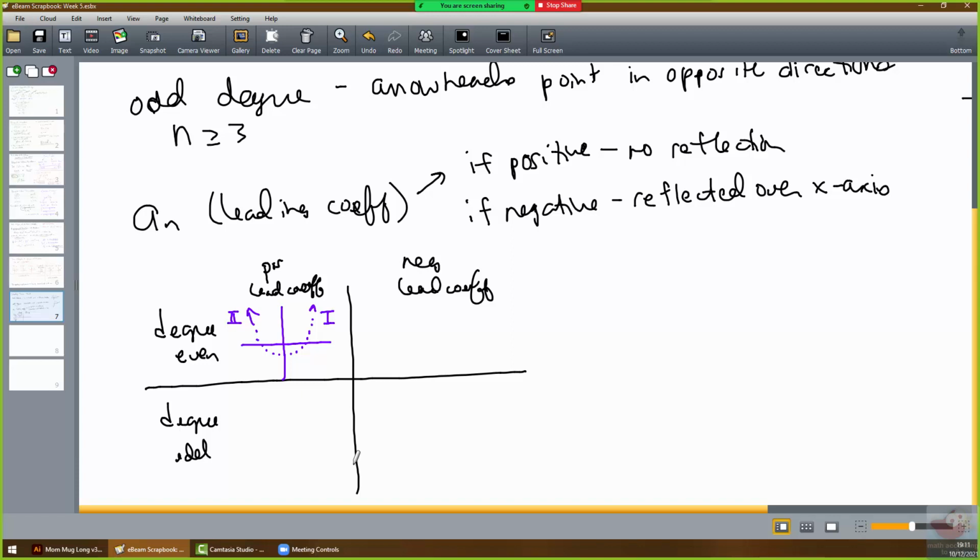If your degree is even, they still point in the same direction, but now if your leading coefficient is negative, that direction is now down. So your arrowheads end up in quadrants 3 and 4.